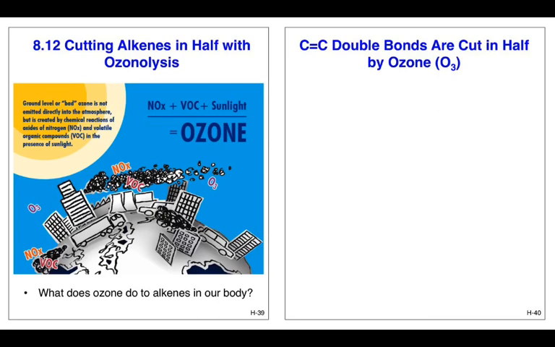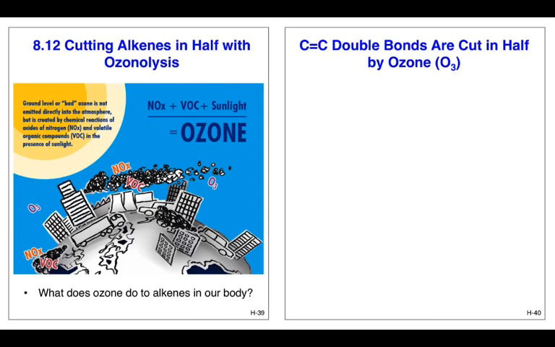You might have heard about the ozone hole over the Antarctica, and that means you want ozone very high up in the atmosphere, in the stratosphere. If you take away that ozone, you're going to get exposed to the UV radiation, which normally gets filtered out by the ozone.